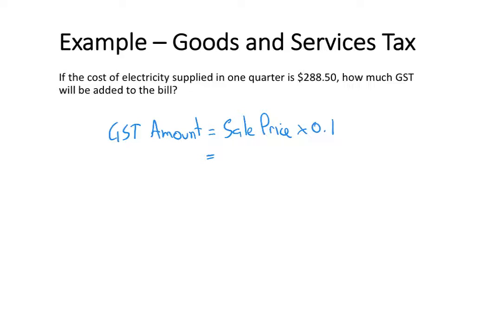So substituting in our values, $288.50 times 0.1, and that is going to equal $28.85. So the GST that's going to be added to the electricity bill in our example is $28.85.